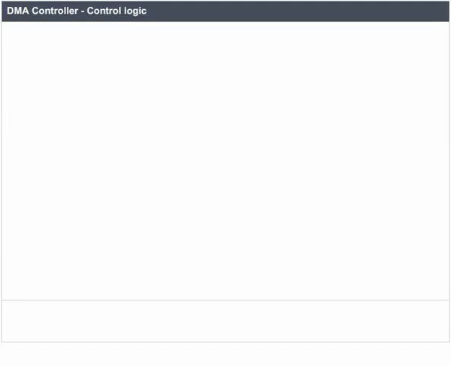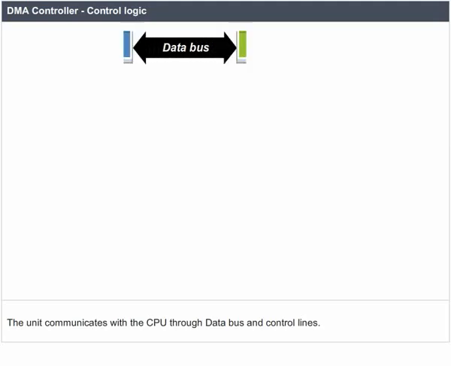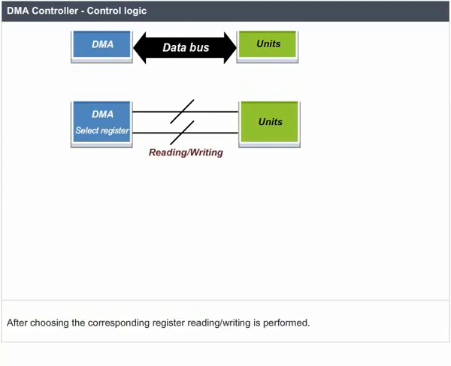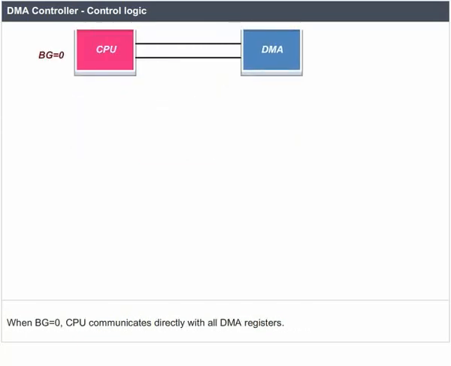DMA controller control logic. The unit communicates with the CPU through data bus and control lines. The register in the DMA is chosen by the CPU through address bus by enabling DMA select and register select control line. After choosing the corresponding register, reading or writing is performed. When BG equals 0, CPU communicates directly with all DMA registers.